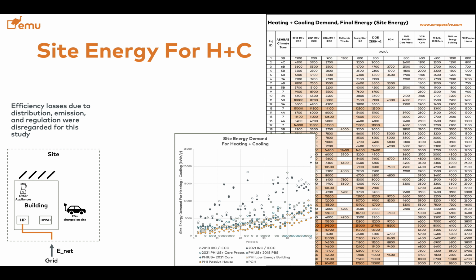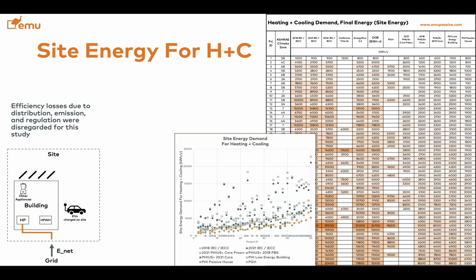And then you see in gray, the 2021 Energy Code. You see in orange, PHI Passive House and Low Energy Building. In blue and light blue, you see PHIUS Core and PHIUS Core 2018, as well as PHIUS Core Prescriptive. And in green, you see Pretty Good House.